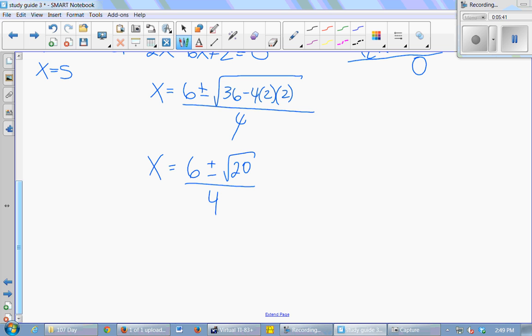You could just leave it like that, or we could simplify and say 6 plus or minus 2 root 5 over 4, and then reduce. Divide the numerator and the denominator by 2, and I get 3 plus or minus root 5 over 2.